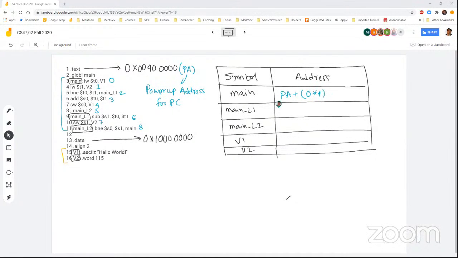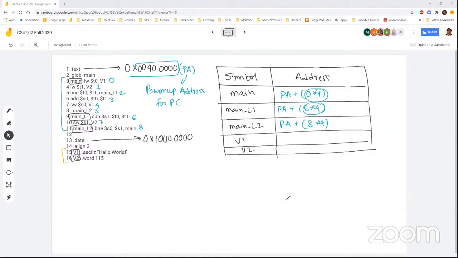So these addresses will be PA plus index times 4. Main L1 is index 6, so it will be 6 multiplied by 4. And this one will be PA plus 8 multiplied by 4. So we use a calculator and add these values on top of that.